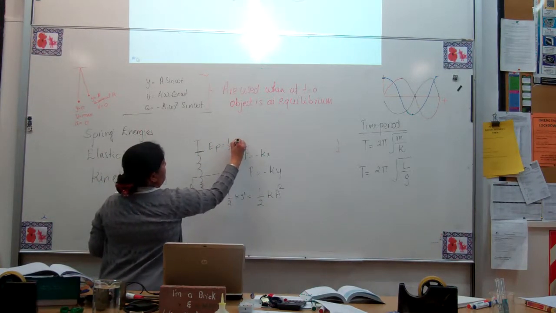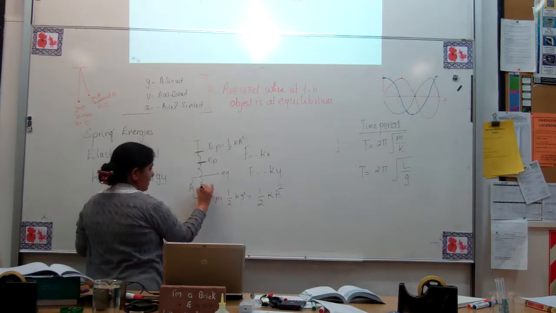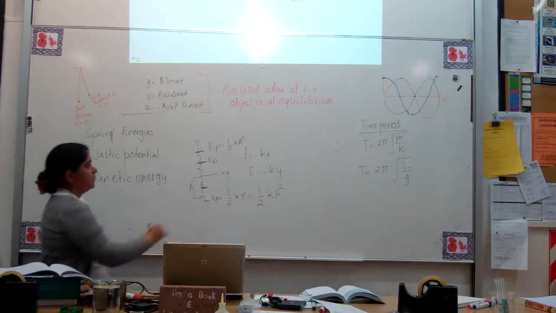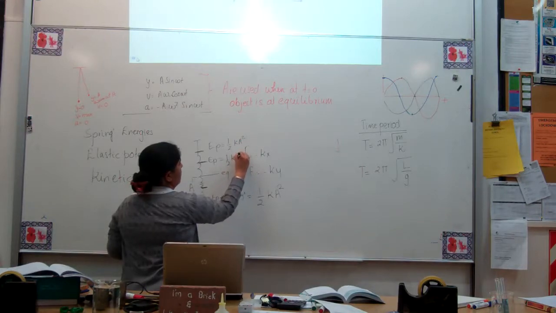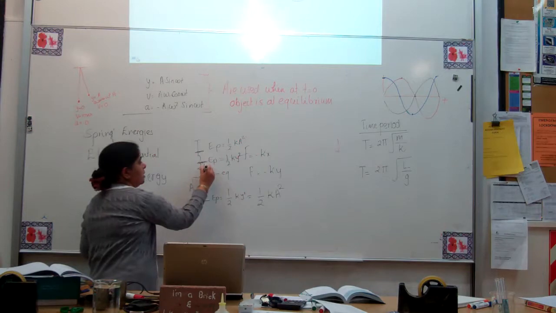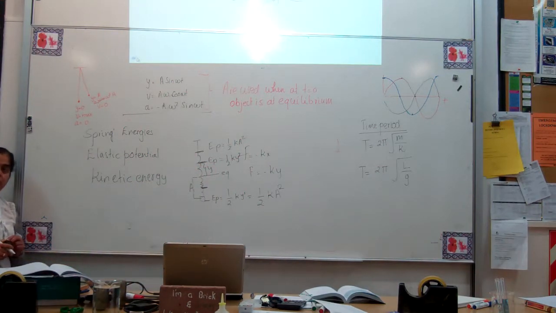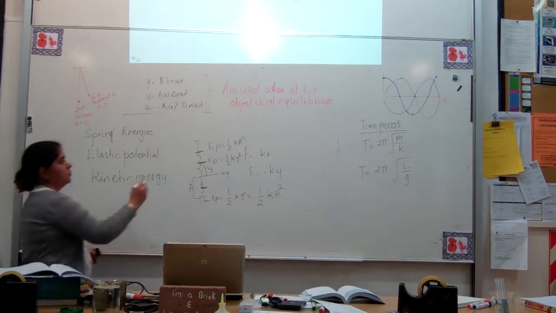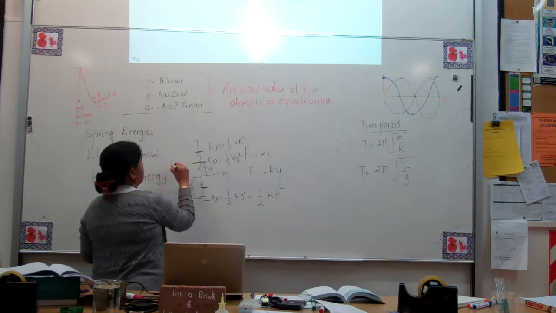Half ka squared. Anywhere in between, EP is still there, but that EP is going to be half ky squared. Whatever the displacement y is from the equilibrium position, that's what the elastic potential energy is. But then remember, in between, it also has kinetic energy.